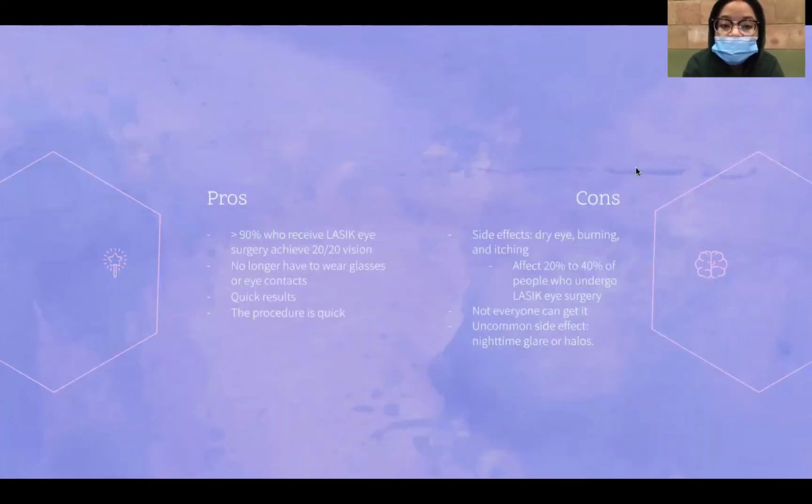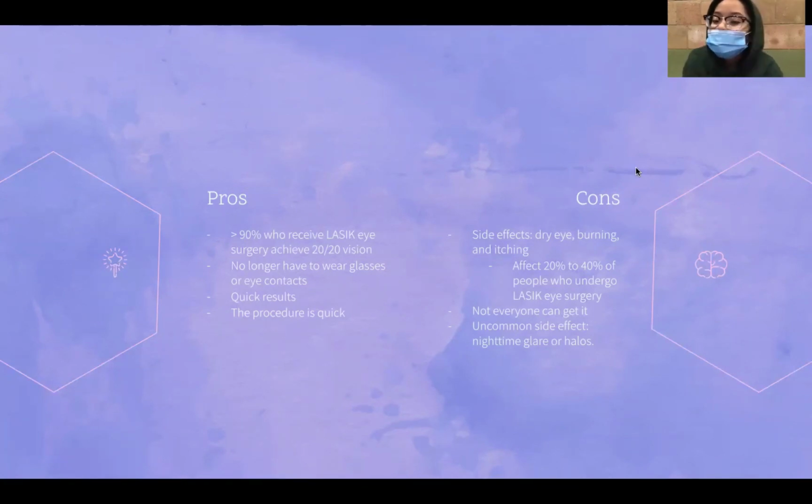For the pros and cons list, more than 90% of people who receive LASIK eye surgery achieve 20/20 vision. That's a pretty big percentage. For a con, side effects: dry eyes, burning, and itching. This affects 20% to 40% of people who undergo LASIK eye surgery.